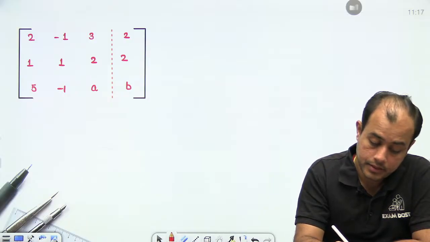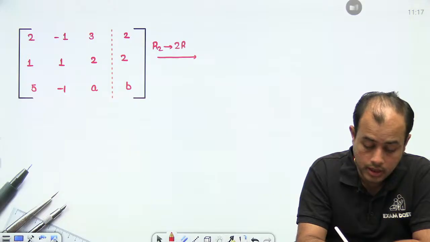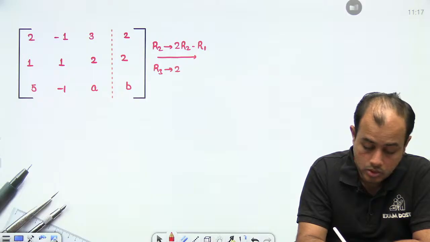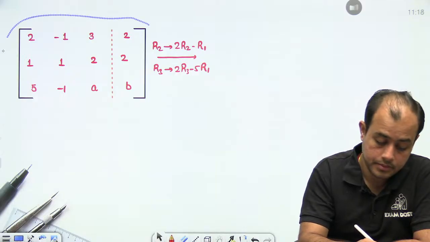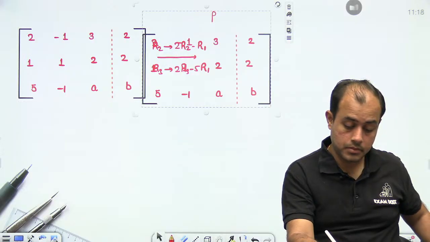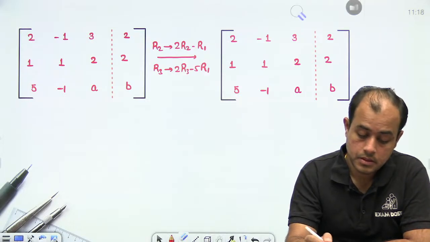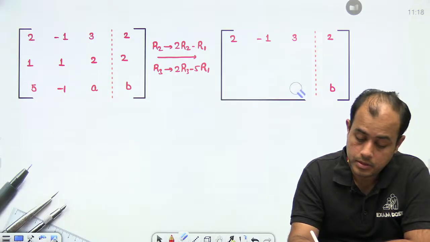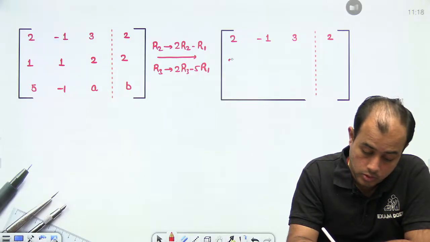I will write R2 is 2R2 minus R1 and R3 is 2R3 minus 5R1. So this will become how much? 2R2, 2 minus 2, 0.